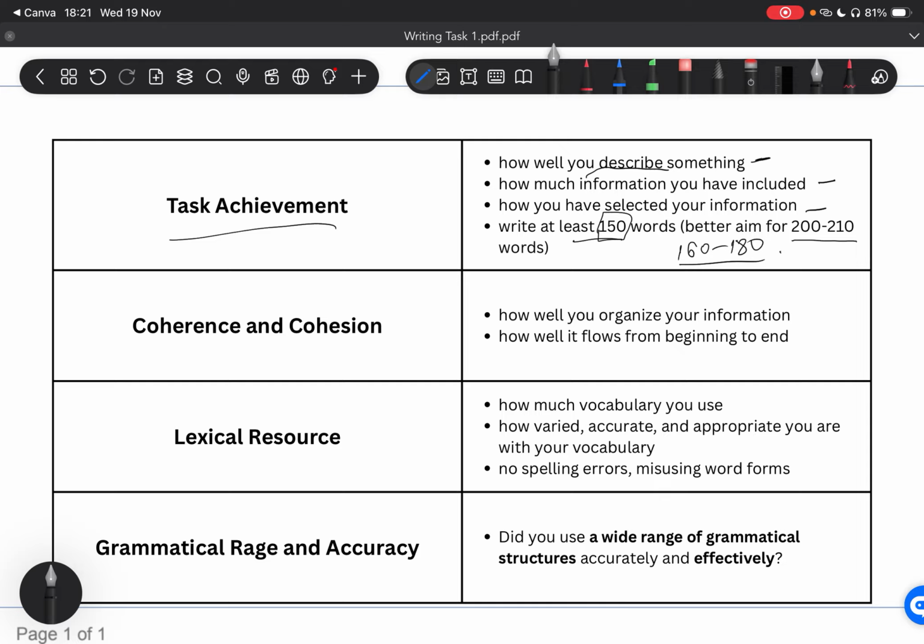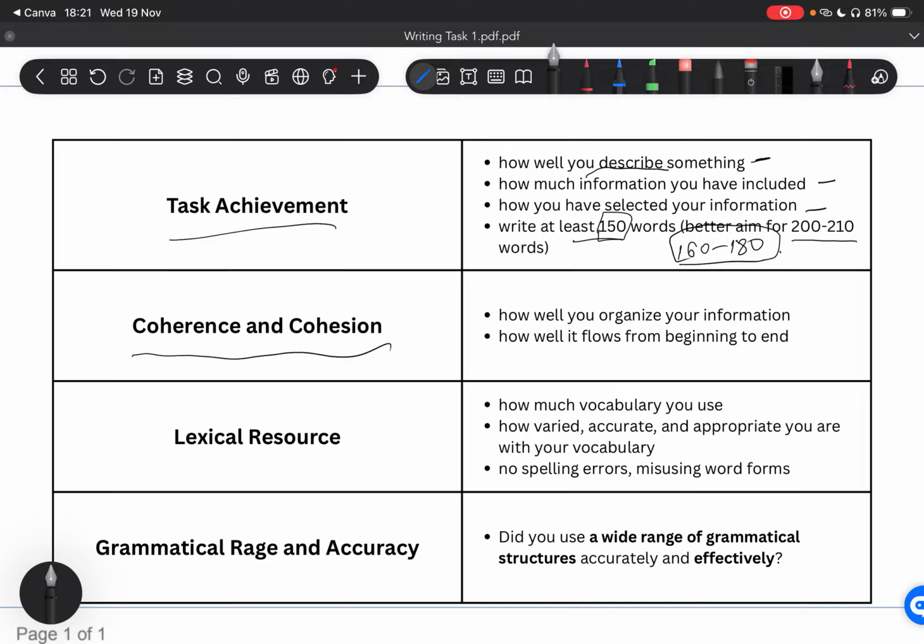That's how it ends up with many words, more than 200 words. But if you organize and group them well and compare them, that's how you describe, then it will be around this word range, and I guess it is good.